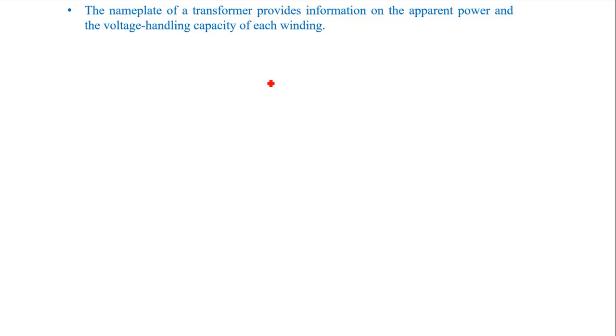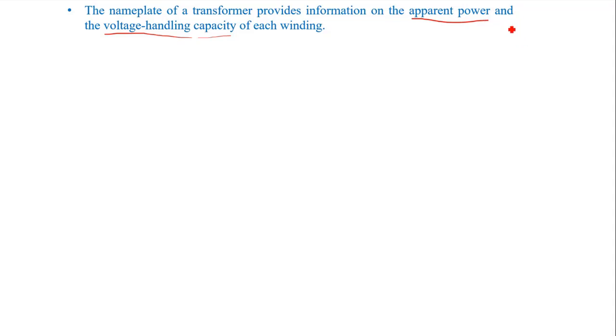The nameplate of a transformer provides information on the apparent power and the voltage handling capacity. That means the only information we get in the nameplate, this is for an ideal transformer we are talking, not a practical transformer. For a practical transformer, other things are also mentioned, like percentage reactance and percentage impedance.